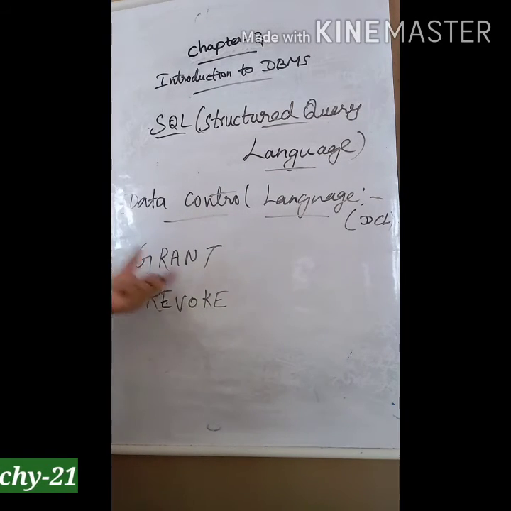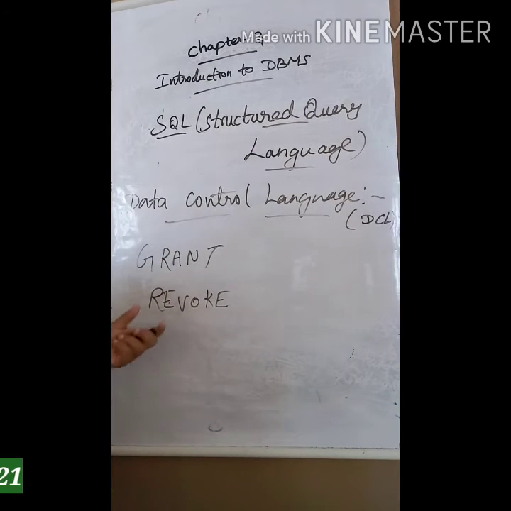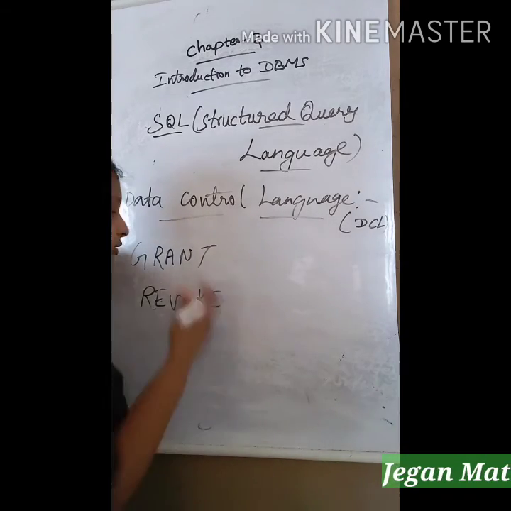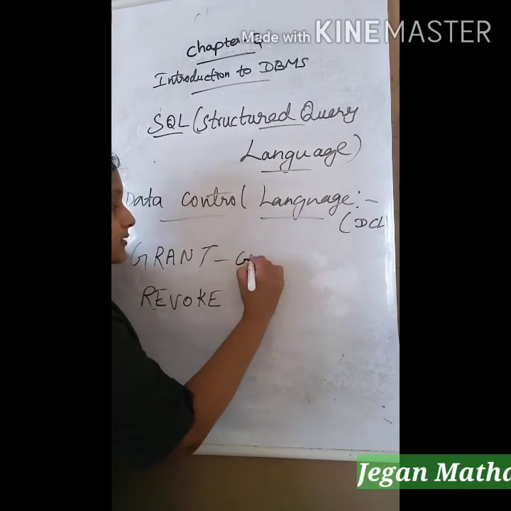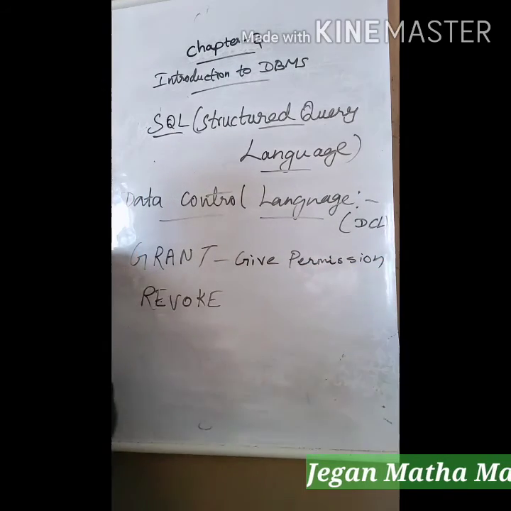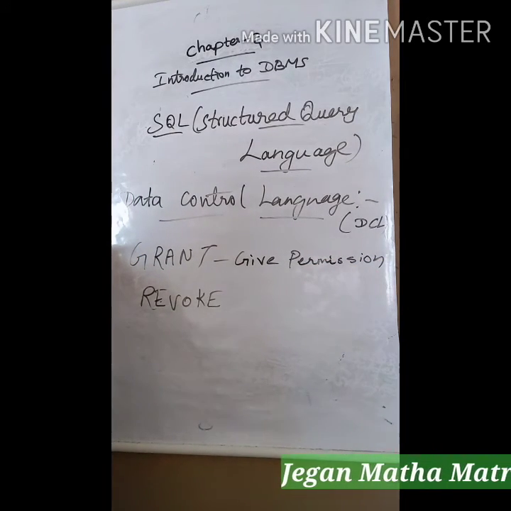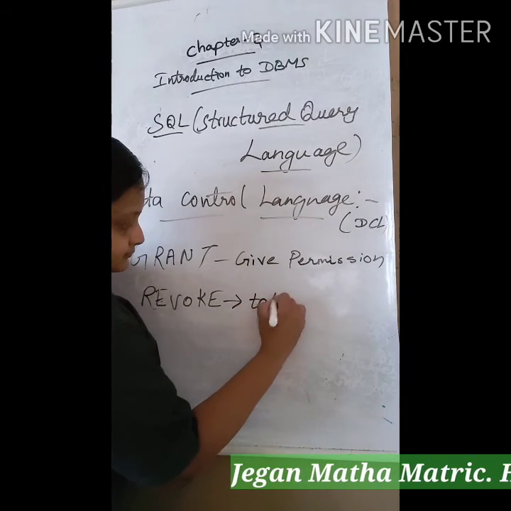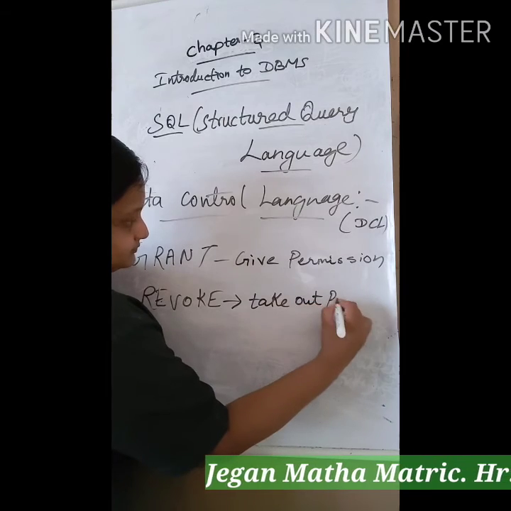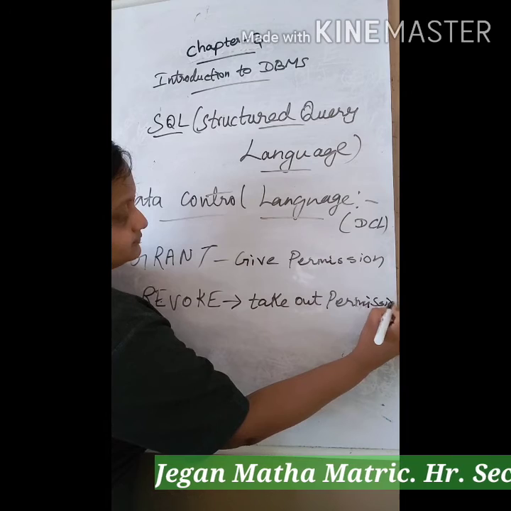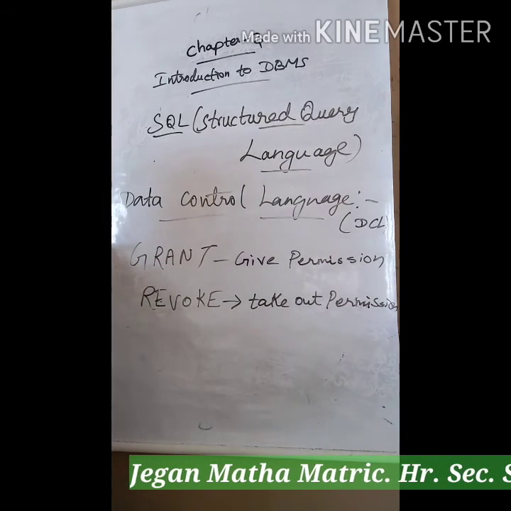Grant is used to give permission to a specific user on specific database objects like a table or view, etc. And the revoke command is used to take out permission.